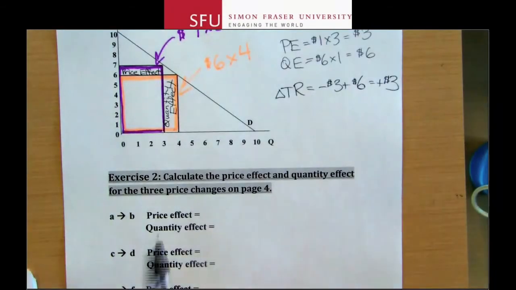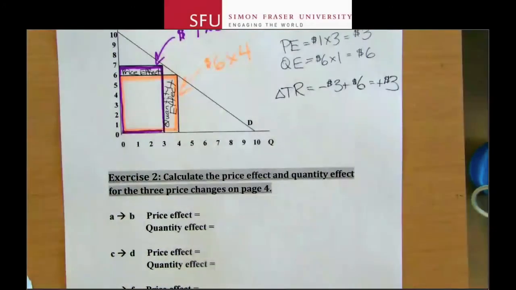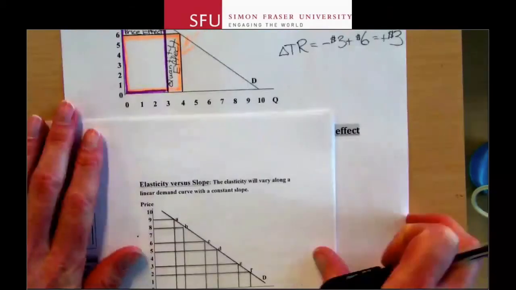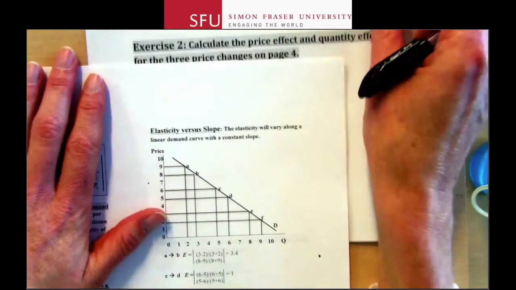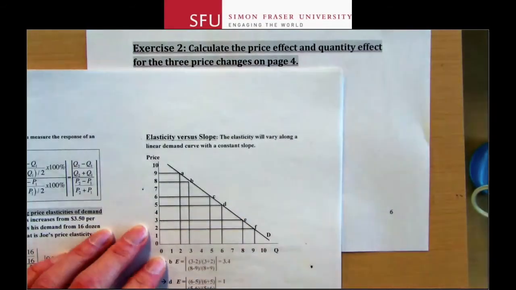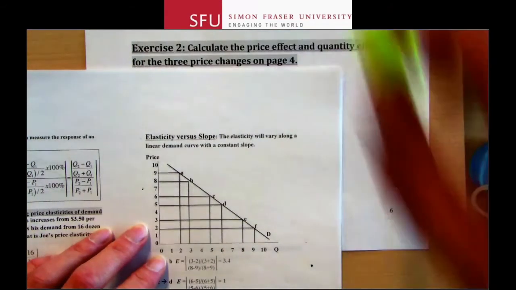Okay. So now what we're going to do for this exercise is look for those price effect and quantity effect on page 4. This was the exercise that we did last week on Friday, exercise 2, based on this graph.